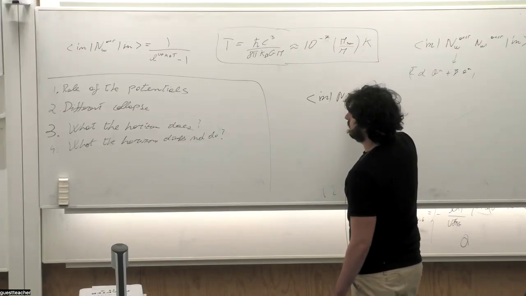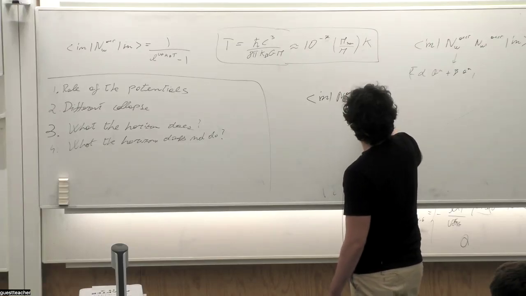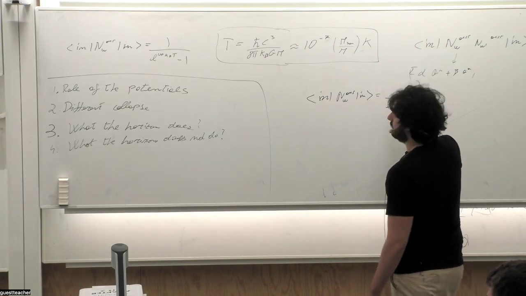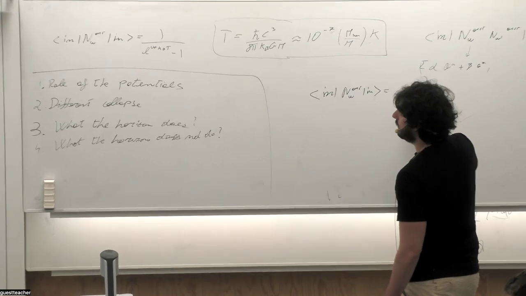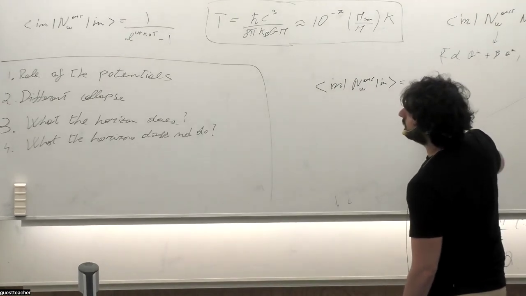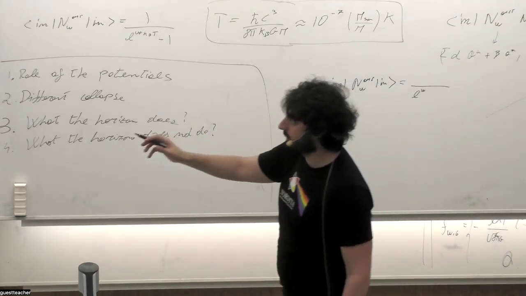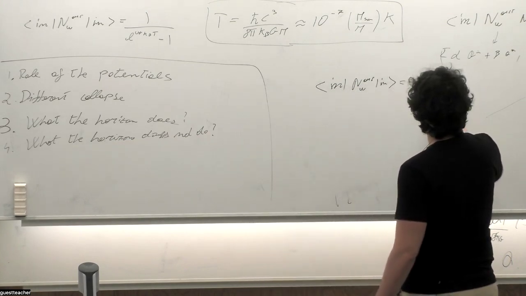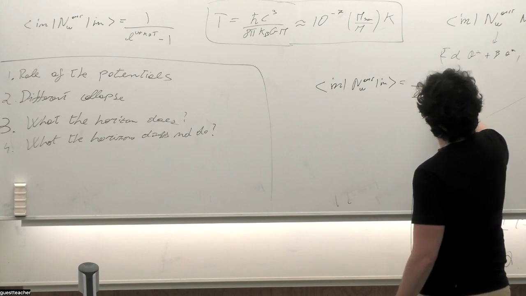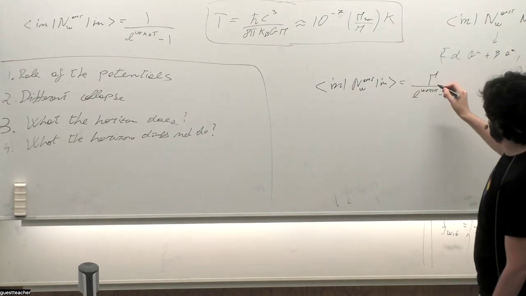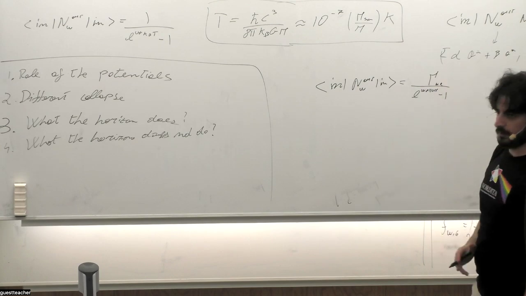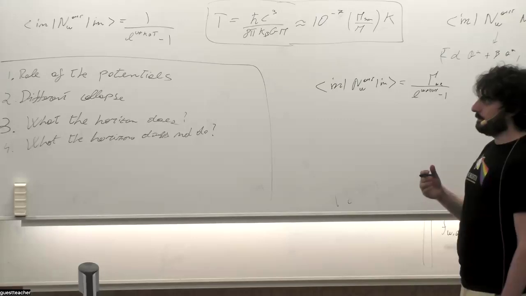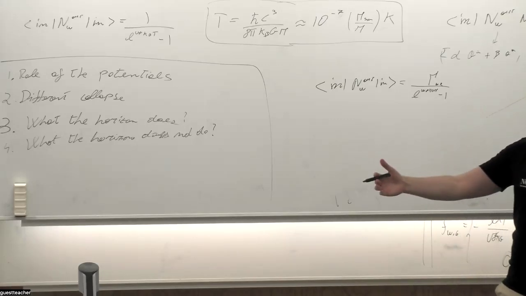It will be like omega over e to the 8 pi GM omega minus 1, but you will need to add a term which is a function of omega and also the quantum number L, which is the transmission coefficient.